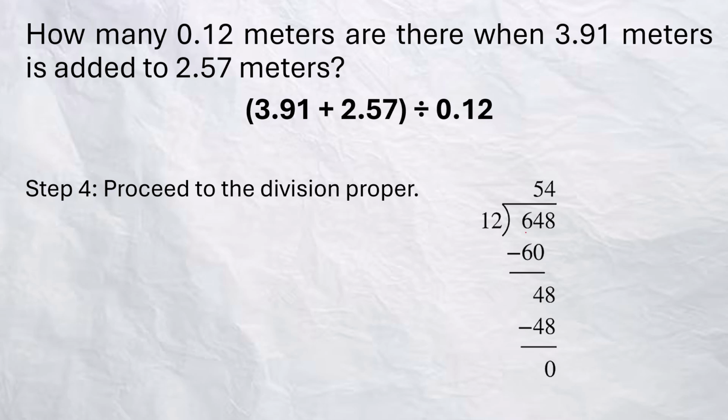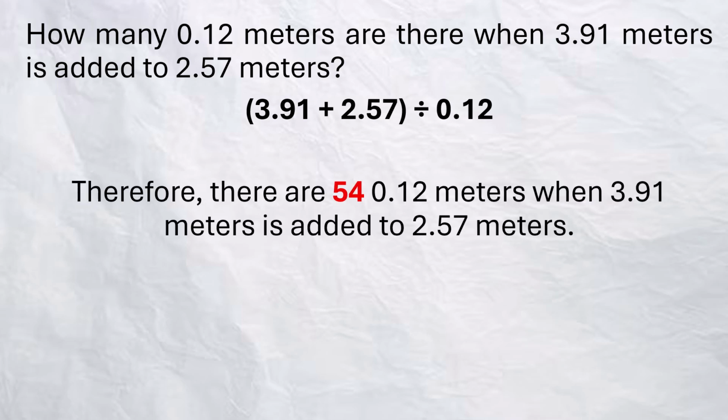So 64 divided by 12 is 5. 5 times 12 is 60. 64 minus 60 is 4. Bring down 8. 48 divided by 12 is 4. 4 times 12 is 48. 48 minus 48 is 0. So the answer for this is there are 54 0.12 meters when 3.91 meters is added to 2.57.